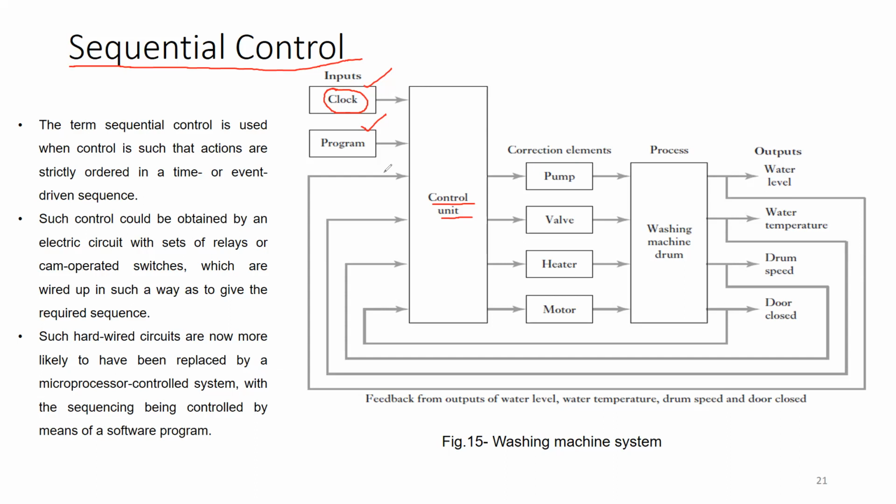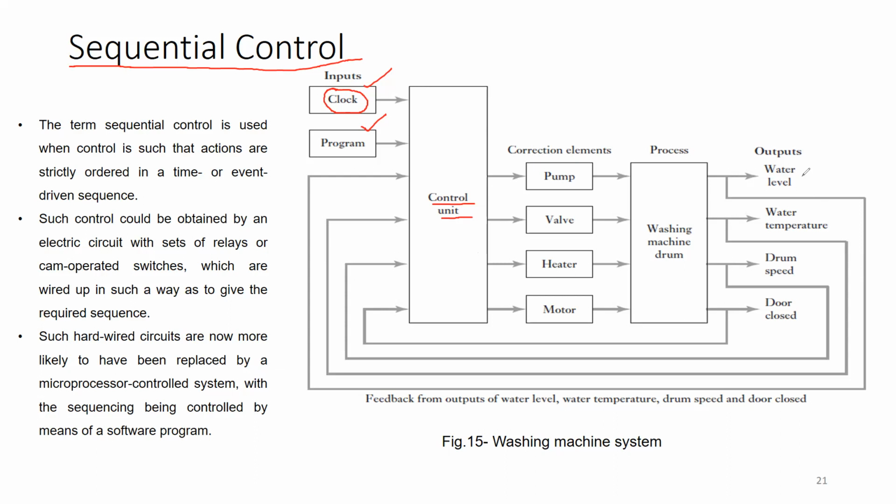Or otherwise there can be another control where the sequence will be decided when one of the process has been completely finished. So how it will be decided?